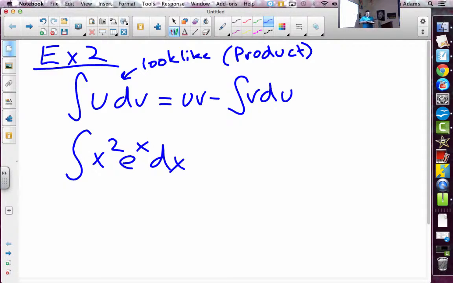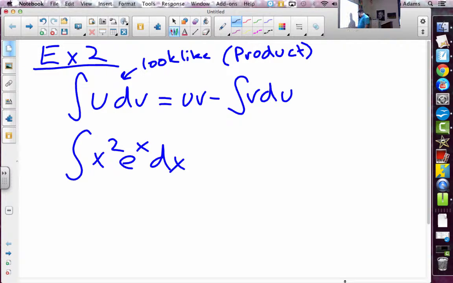And so the challenge with this is I've got to figure out the antiderivative of this, which is a simple product, which is not easy. But by integrating by parts, what I can do is I can let something be u and something else be dv, and then work from there.